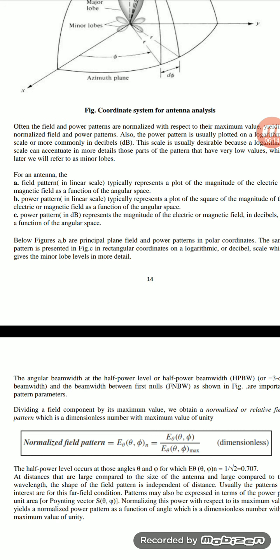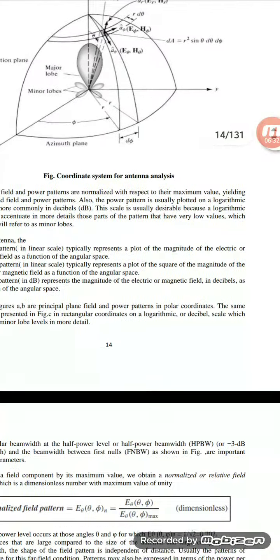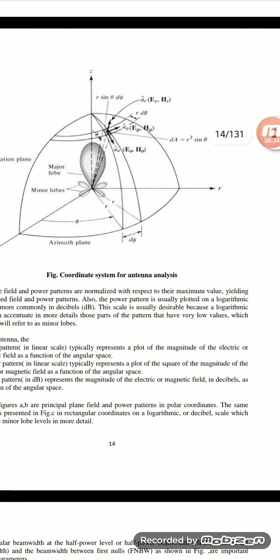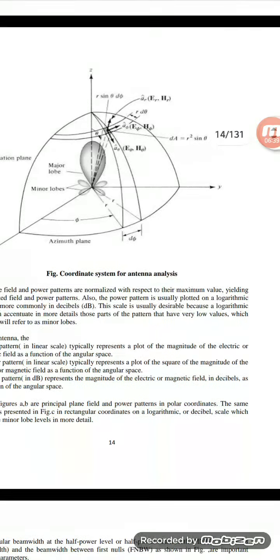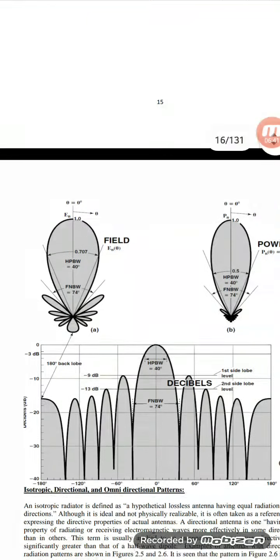E theta comma phi over E theta comma phi max, minimum to maximum values, is on a linear scale. That is the antenna parameters. I can explain this in full after the lockdown.